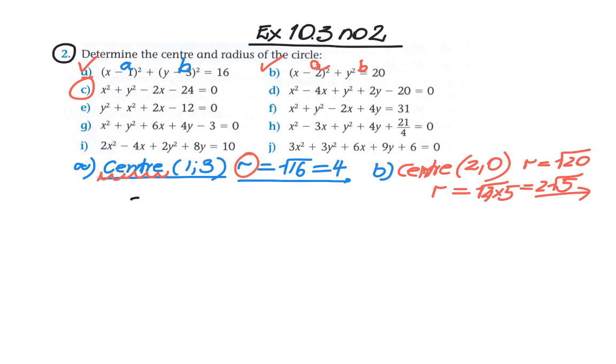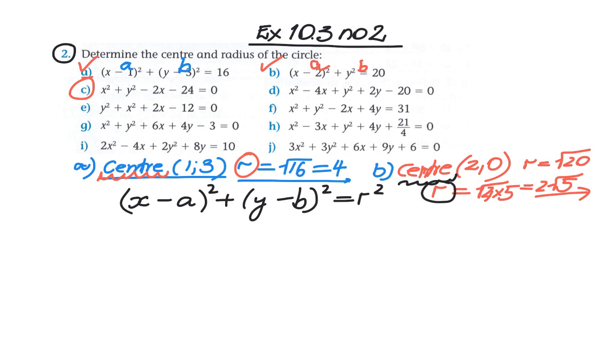It's not in the form x minus a squared plus y minus b squared equals r squared. I can state the coordinates of a center and the value of the radius of a circle only if my circle is in this form.